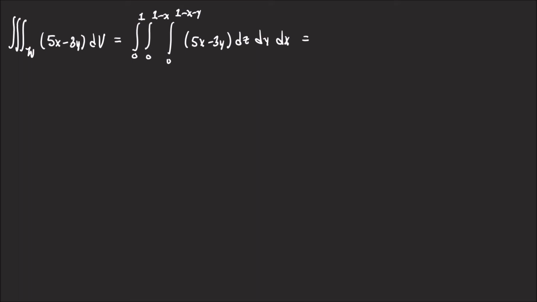So if we evaluate it, we'll get integral from 0 to 1, then 0 to 1 minus x of 5x minus 3y all times z, from 0 to 1 minus x minus y, dy, dx.